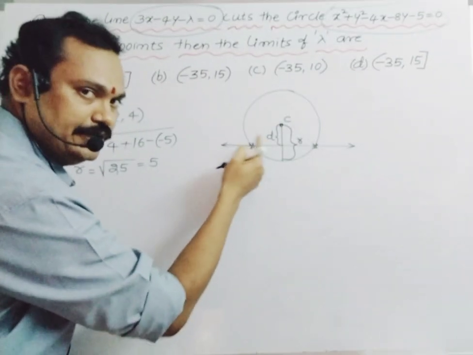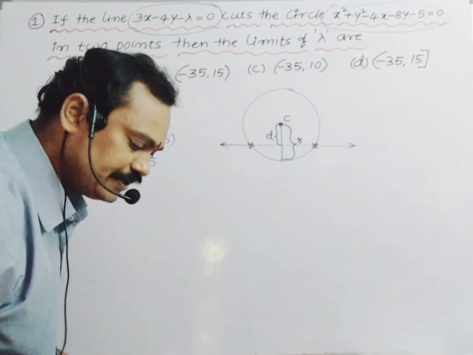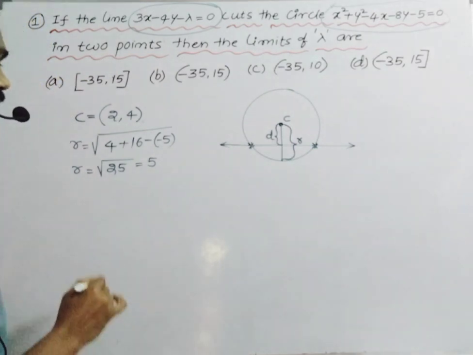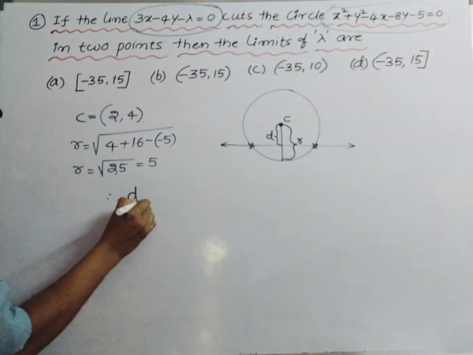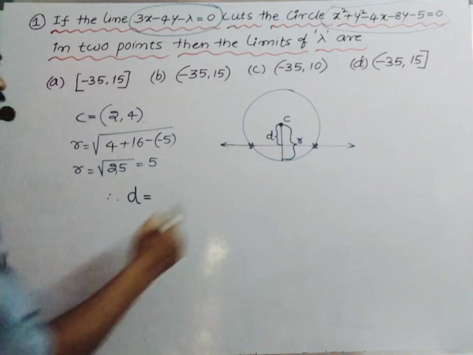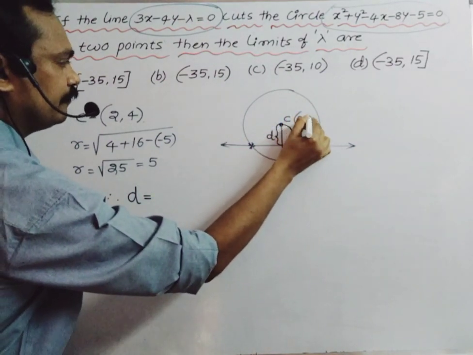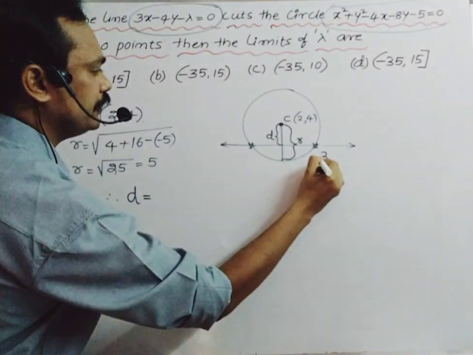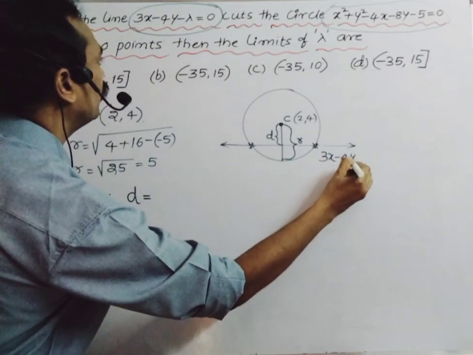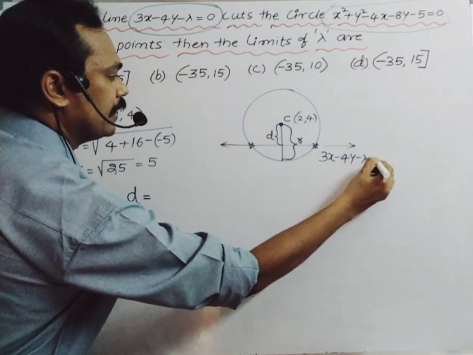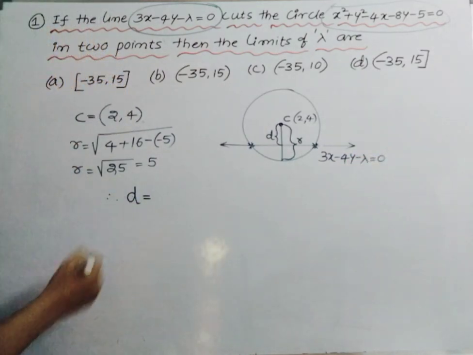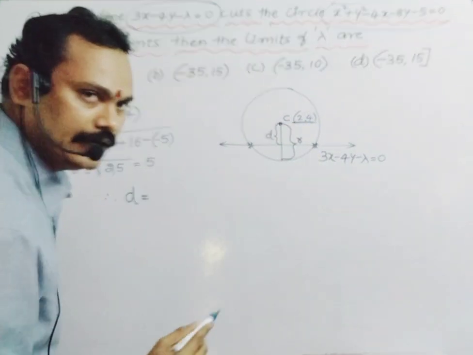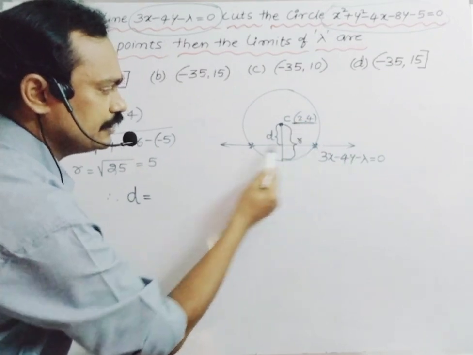Now I am going to find the length of the perpendicular from the center (2, 4) to the straight line 3x minus 4y minus lambda equals 0.